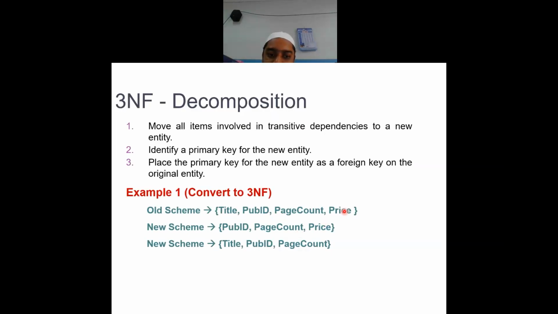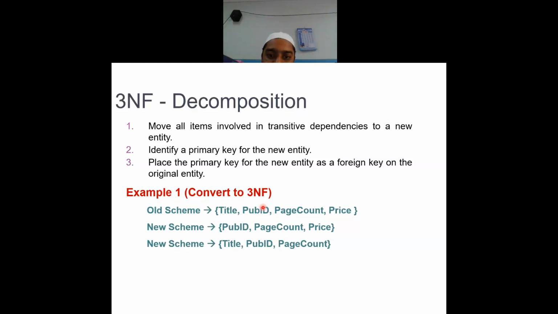From the original one, we removed price and kept it in a new table. Price was dependent on page count, so we copied back page count. Page count was dependent on publication ID. Certain publications will have certain restrictions. They say that if a book is to be published, that book should contain this many number of pages inside.